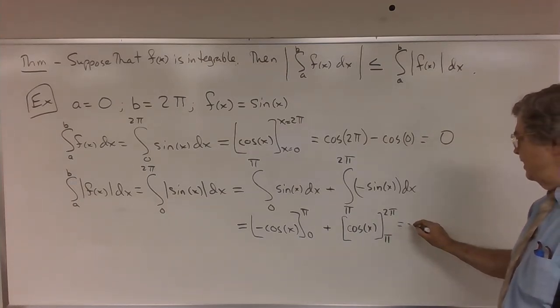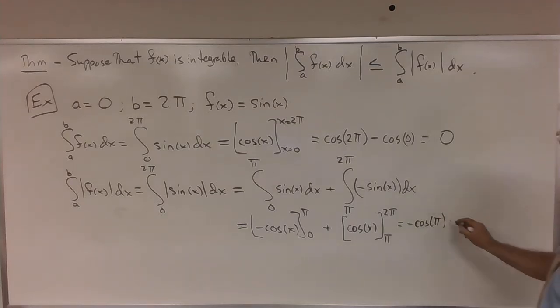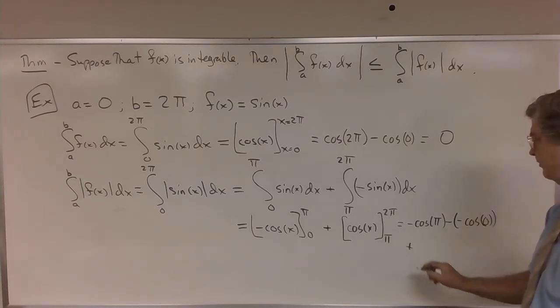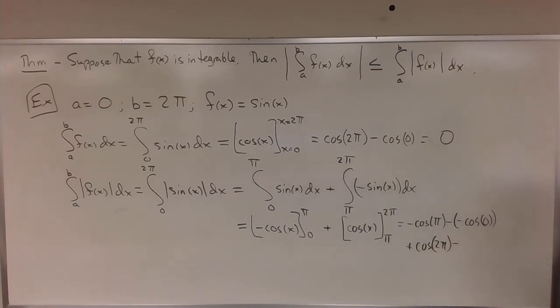And so I get negative cosine of pi minus a negative cosine of 0 plus cosine of 2 pi minus cosine of pi. Well, let's see.